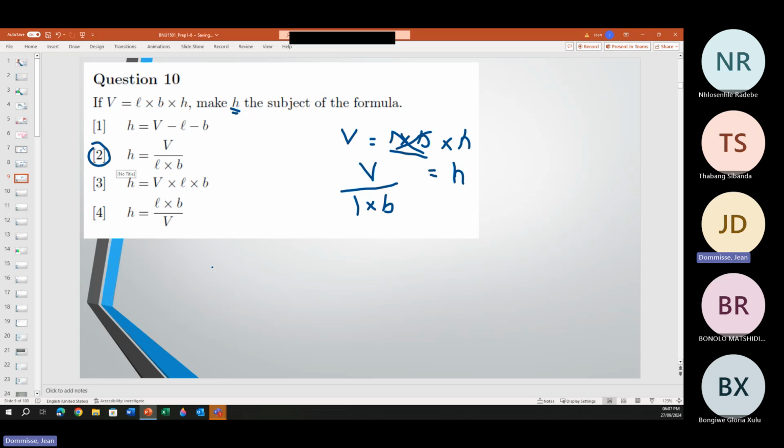It would have been very similar if we needed to make P the subject, then we would have had volume divided by L times H. So with this formula where it's all multiplication, it will normally end up like this. Okay, so let's look at the next one.